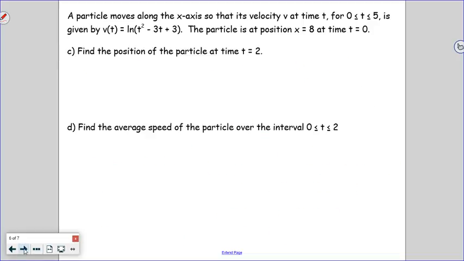Okay, we have 2 more questions real quick on this one. Find the position of the particle at time equals 2.